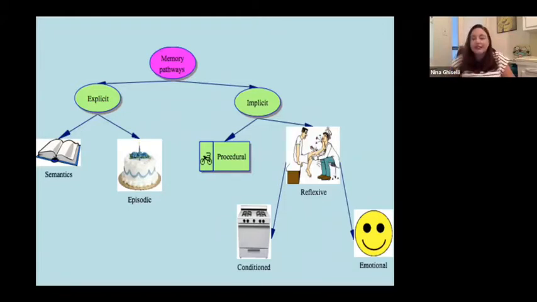So you can see when you overlearn a procedure and then there's a kink in it, that will kind of mess it up, and you have to figure out ways and prompts in order to have that procedure come a little more naturally. And I should add here that implicit is more of the memory that you don't think about.